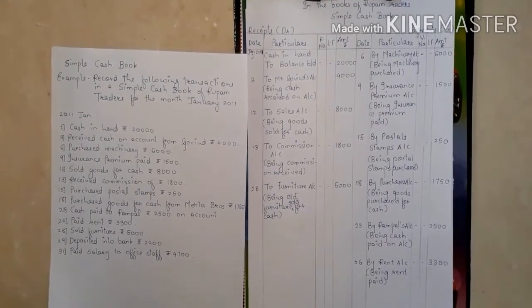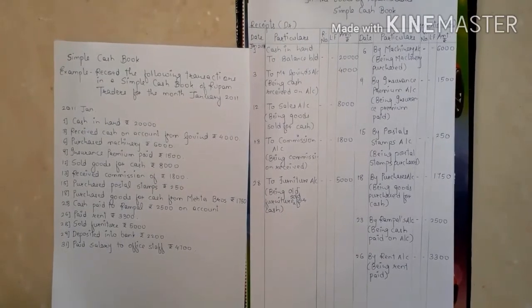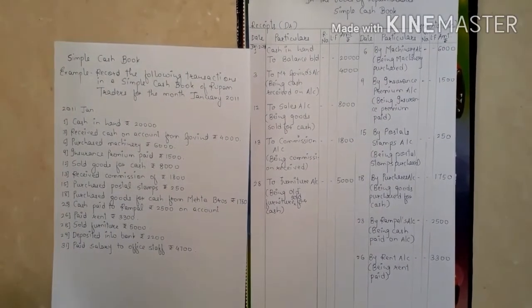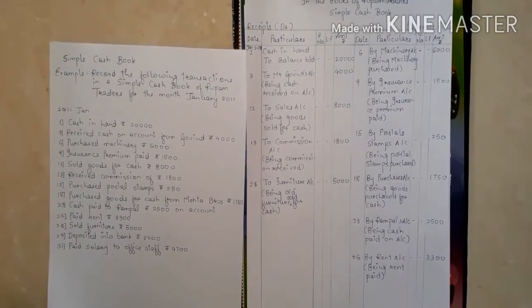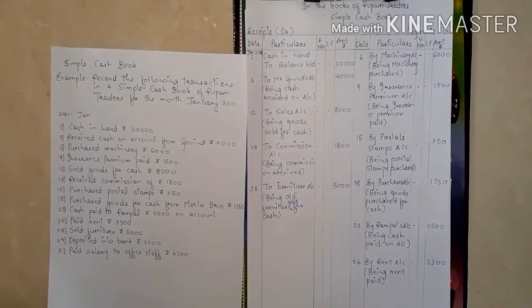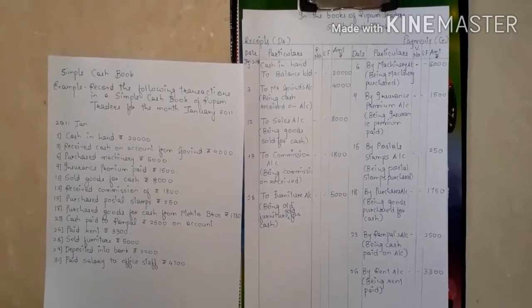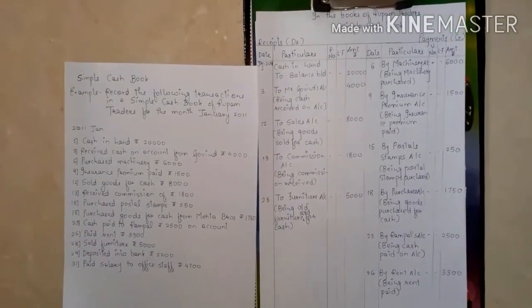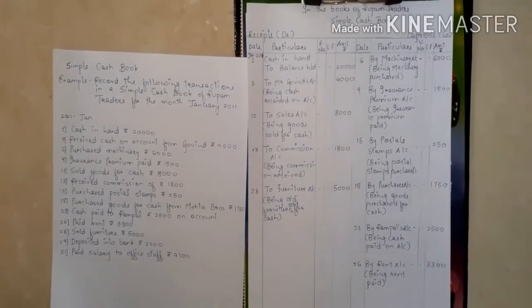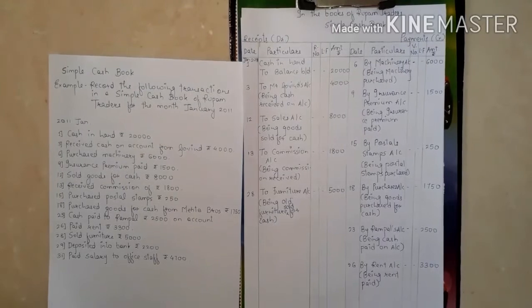Next, on 29 Jan, deposited into bank rupees 2,200. Now here we are paying, in other words we can say that we are paying amount to bank, that is we are depositing amount into bank. So we have to write down this transaction in the payment side.